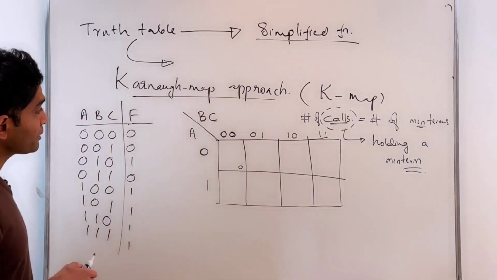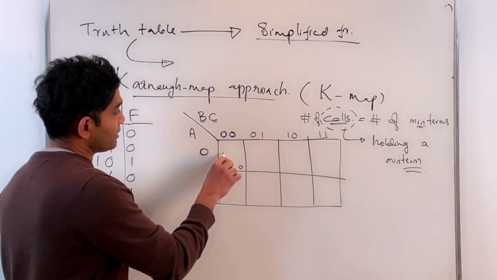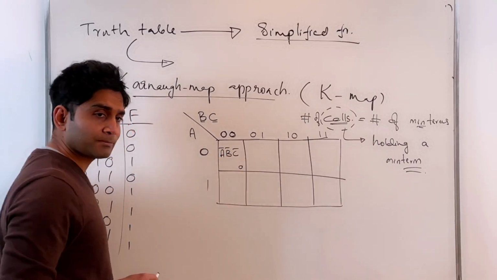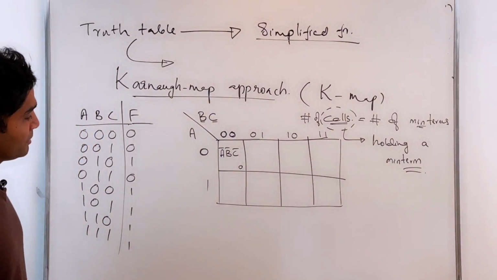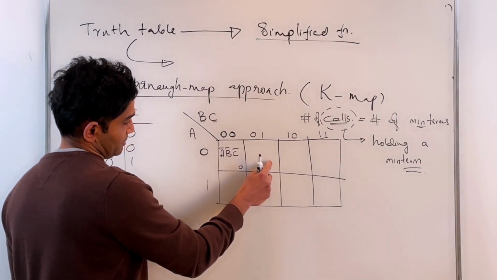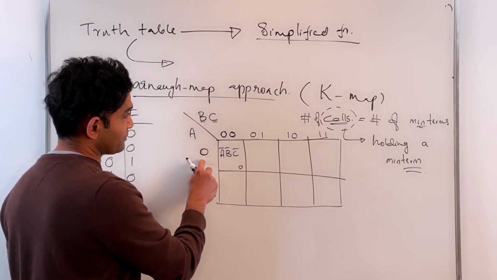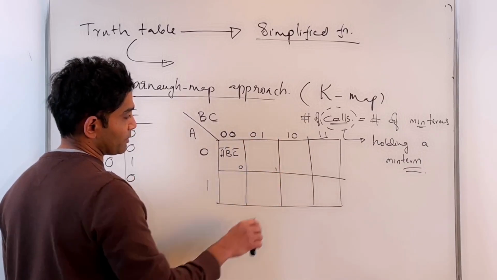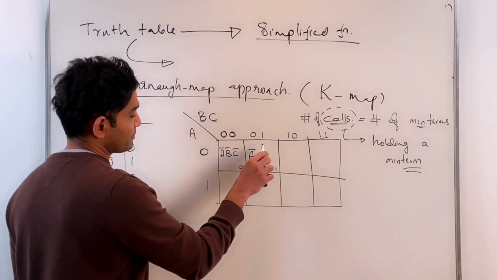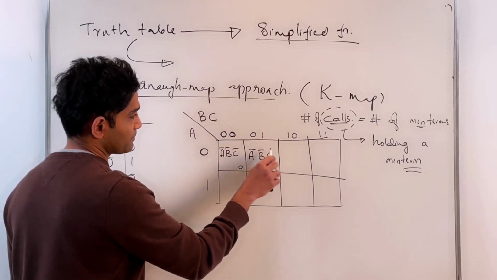And the minterm corresponding to this combination, 0, 0, 0, going back to the last class, was A prime, B prime, C prime, right? Now, the minterm number corresponding to this cell would be 0, 0, 1. That will be 1. And the minterm corresponding to this cell would be A prime, B prime, C.